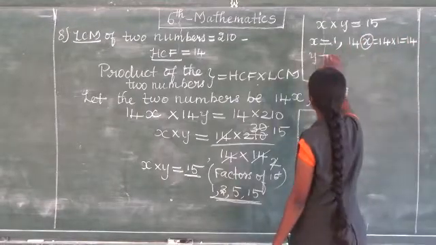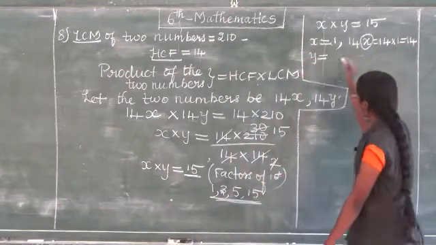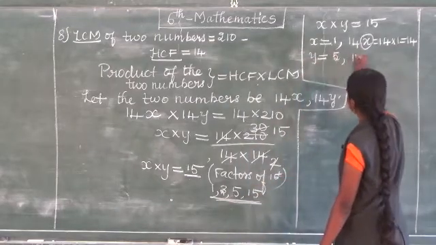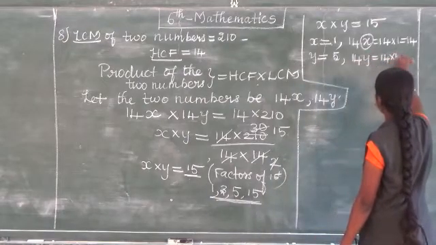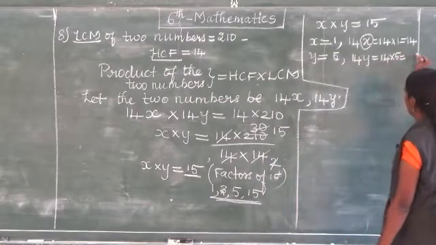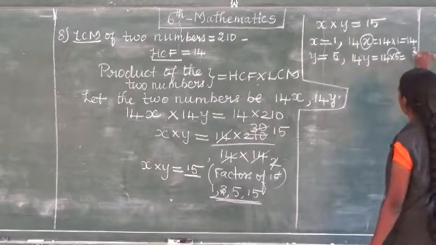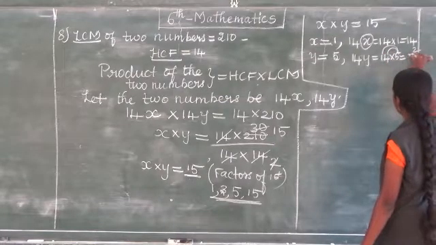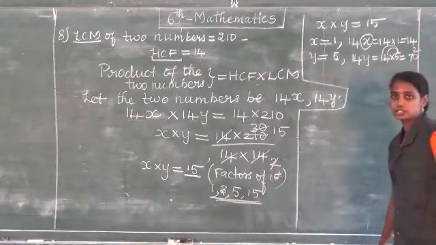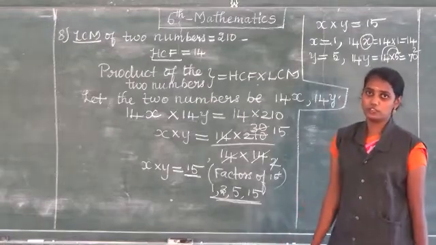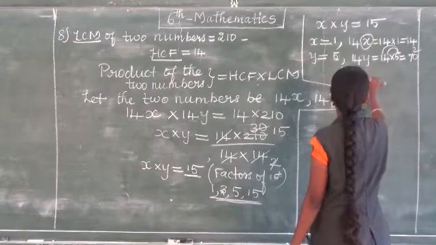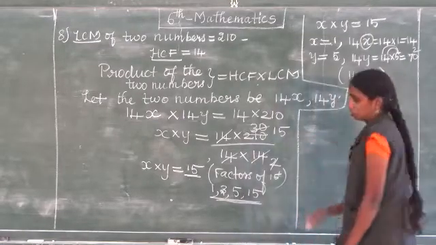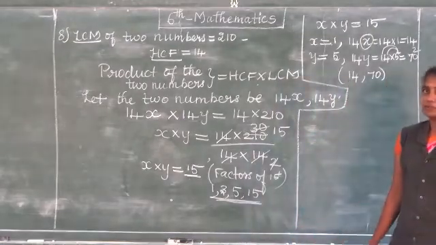If I take y equal to 5, 14y is 14 into 5, which is 70. So this is one pair: 14 and 70.